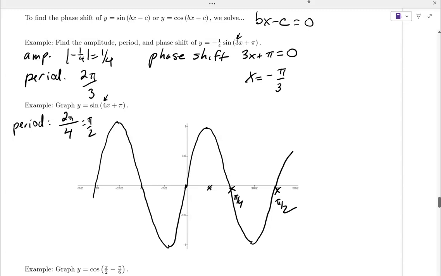And then half of pi over 4 is pi over 8. That'll be 3 pi over 8, 5 pi over 8, negative pi over 8, negative pi over 4, negative 3 pi over 8, negative pi over 2, and so on. All that number does is change the scale. That's all I did, was change the scale. It's a lot easier than redrawing it, isn't it?